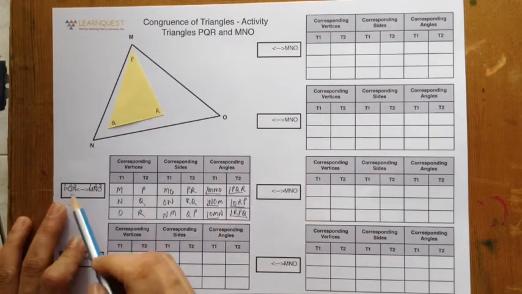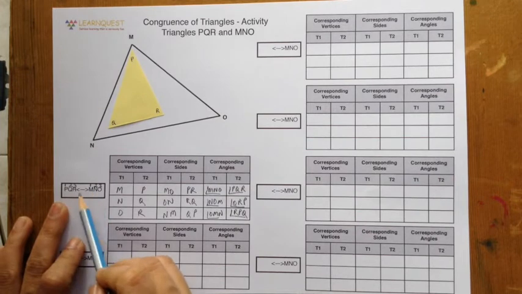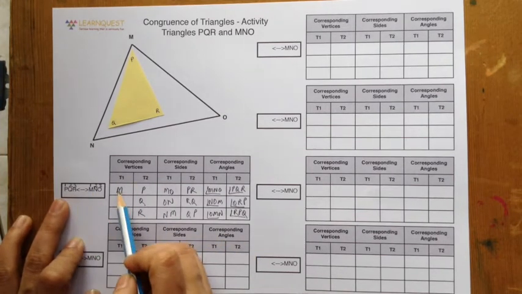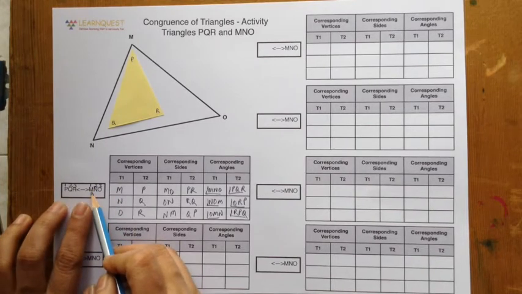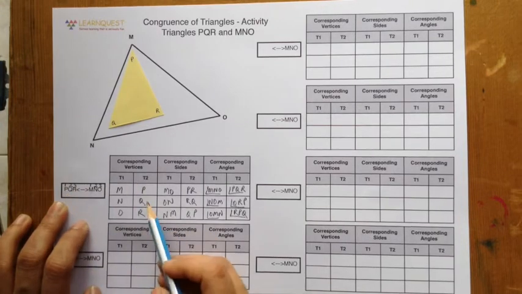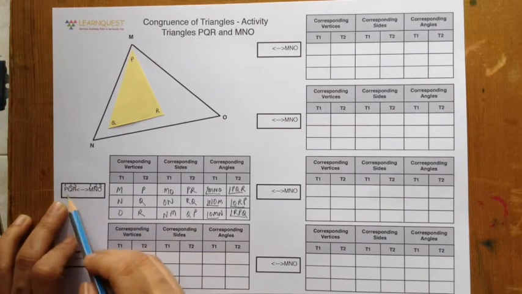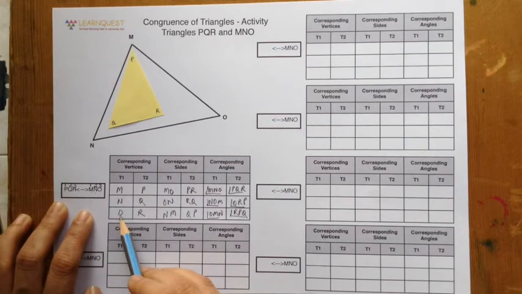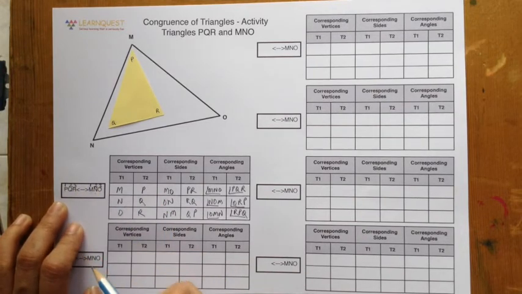What we have to do is match the positions of the vertices. That is, M is the first letter in this triangle and P is the first letter in the second triangle. Q and N, that is 2 and 2. R and O, that is 3 and 3.